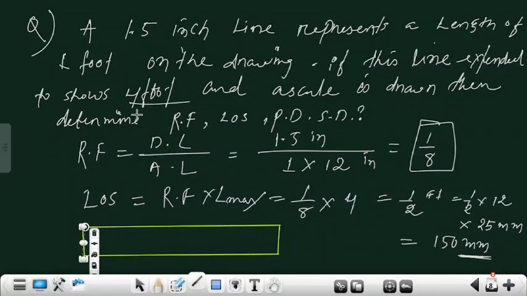The maximum we can read is 4 feet, and each division will be 1 foot, 1 foot, 1 foot. So 4 divisions will be required. We can divide it into 4 parts. This is 1, 2, 3 parts.